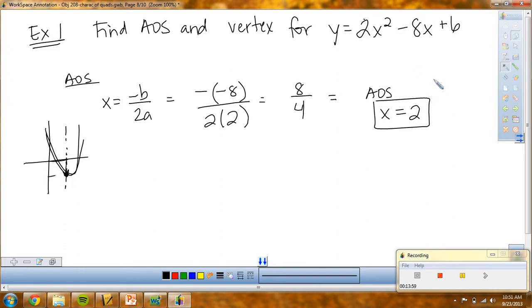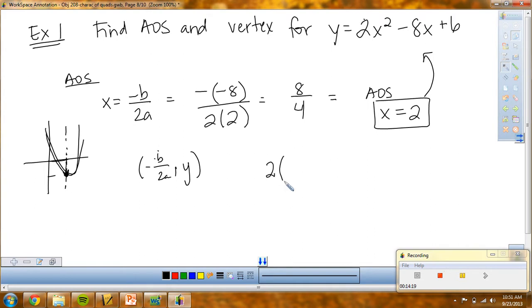Well, I can just substitute this back in to find my y coordinate. All right, so this is my x, so now I'm going to find the y.